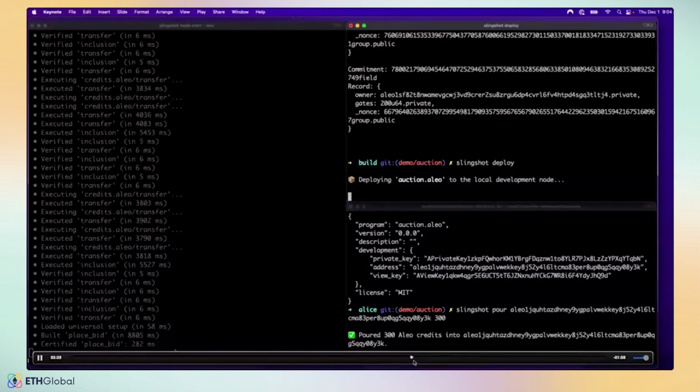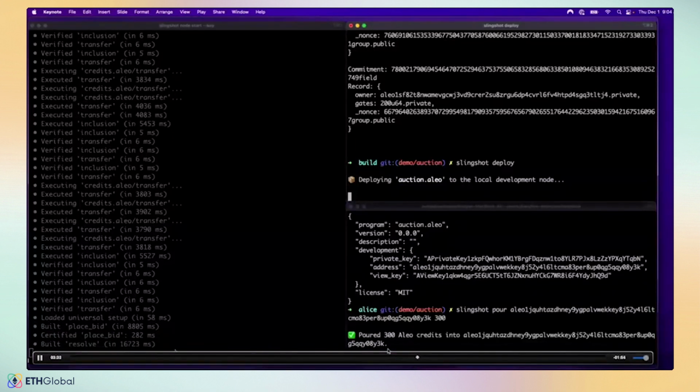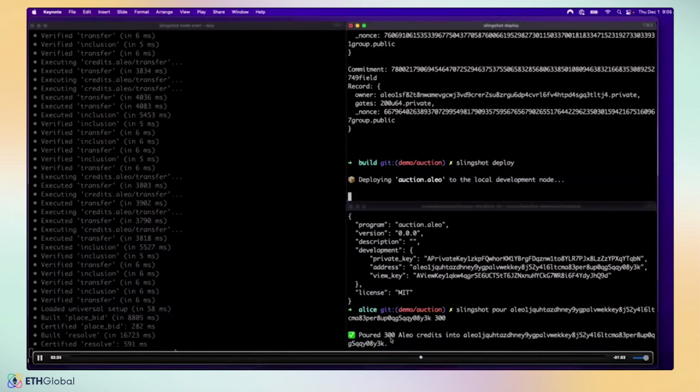This process actually takes a bit of time. As you already saw earlier, when compiling Leo programs, the synthesis process is very involved.